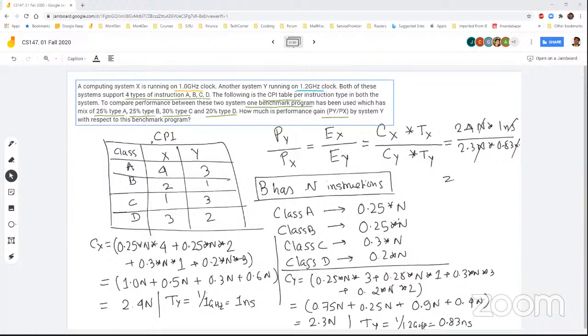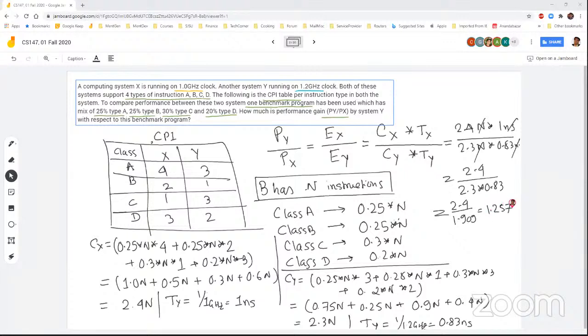Ultimately it becomes 2.4 by 2.3 multiplied by 0.83, and 2.3 multiplied by 0.83 is 1.909. 2.4 by 1.909 is about 1.257.